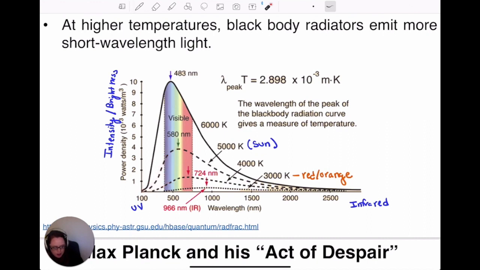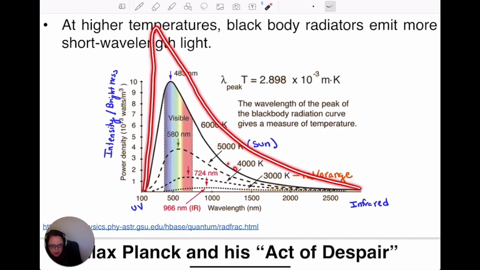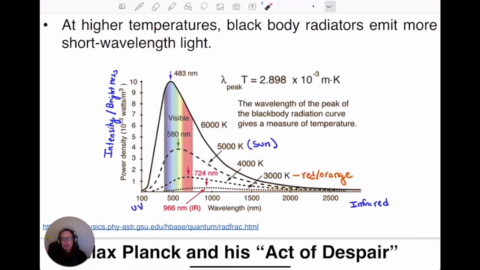As we keep getting hotter, the profiles get bigger, they move over, but they always drop back down. We don't have anything where the peak is permanently going up. The profile always drops back down. It never just continues increasing.